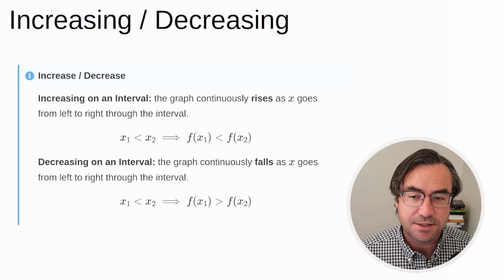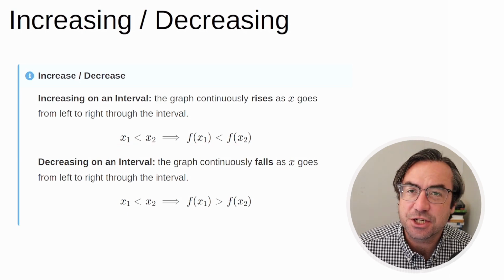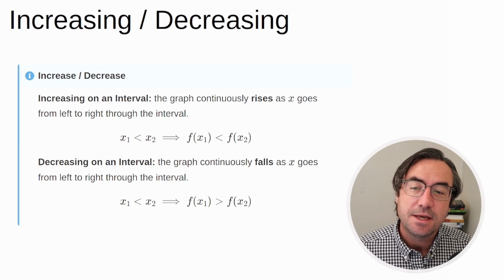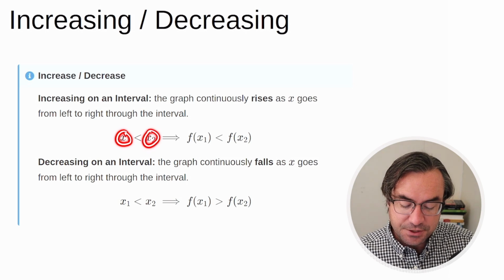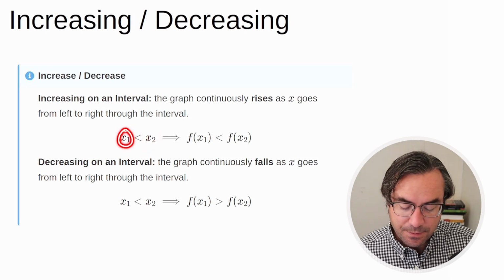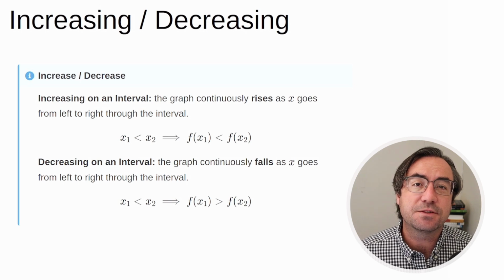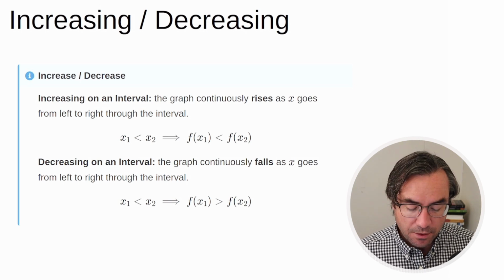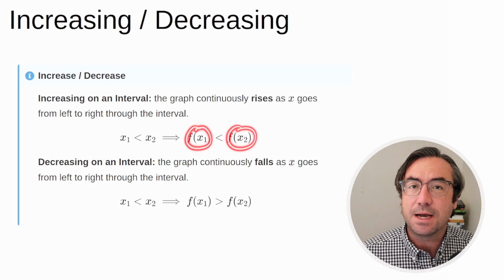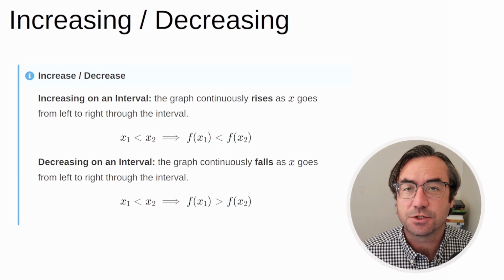The precise definition using inequalities is that if we take any two x values from that interval, and we pick one to be less than the other, and we plug both of those x values into our function, then the function value goes up. So one function value is bigger than the other function value.